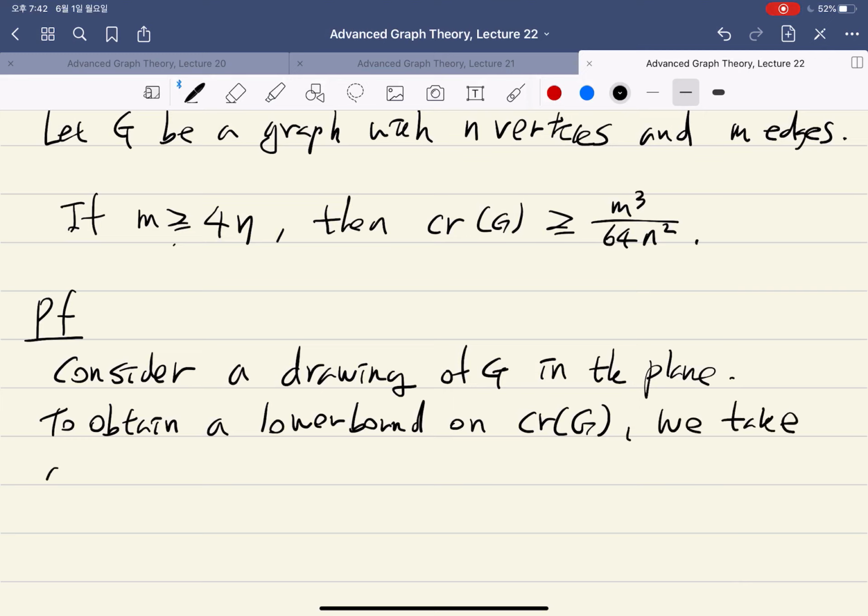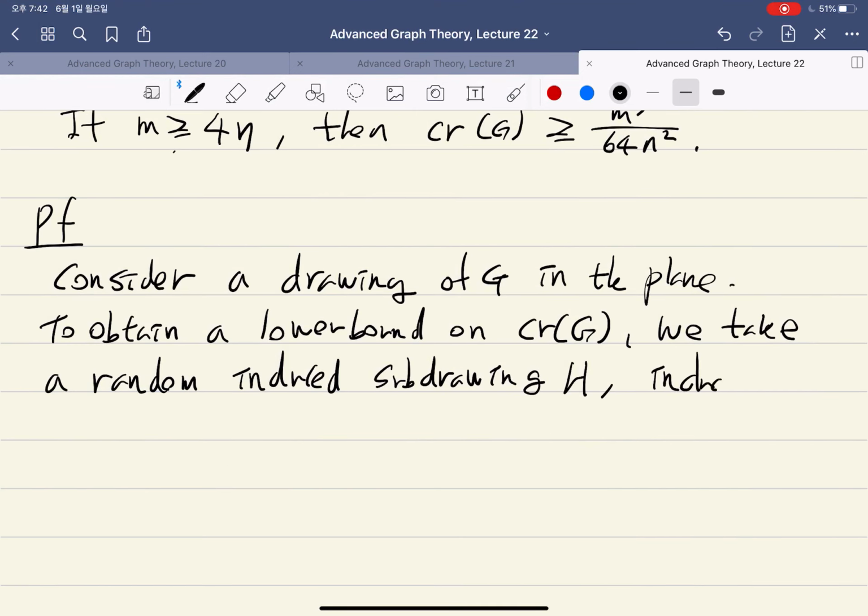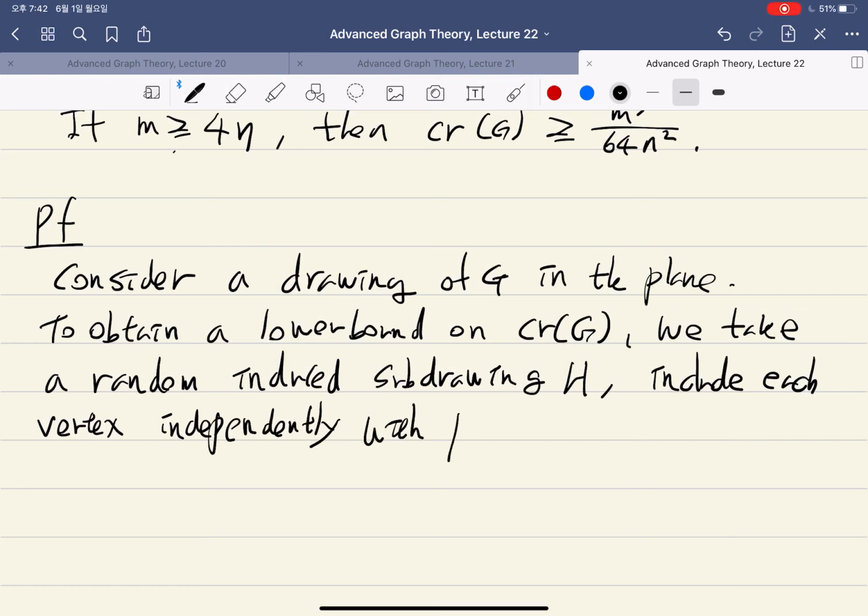We take a random induced subdrawing H. We include each vertex independently at random with probability p.